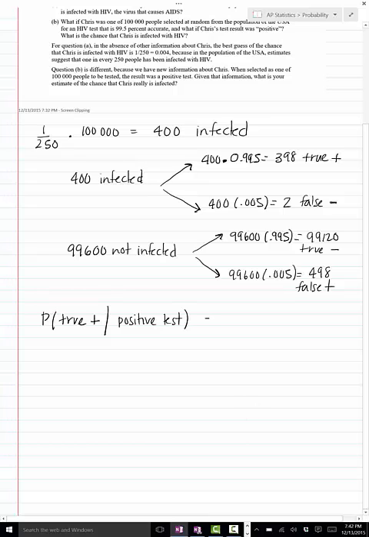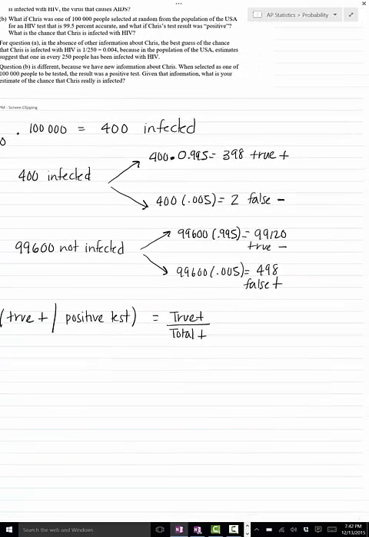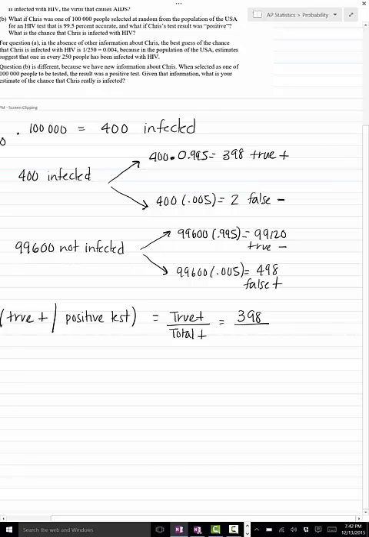We have the formula from stats that you are a true positive over the total number of positive people. Okay, so how many of these people were true positive? 398 of them. How many positives total did we have? We had 398 plus 498. Those were the false positives.